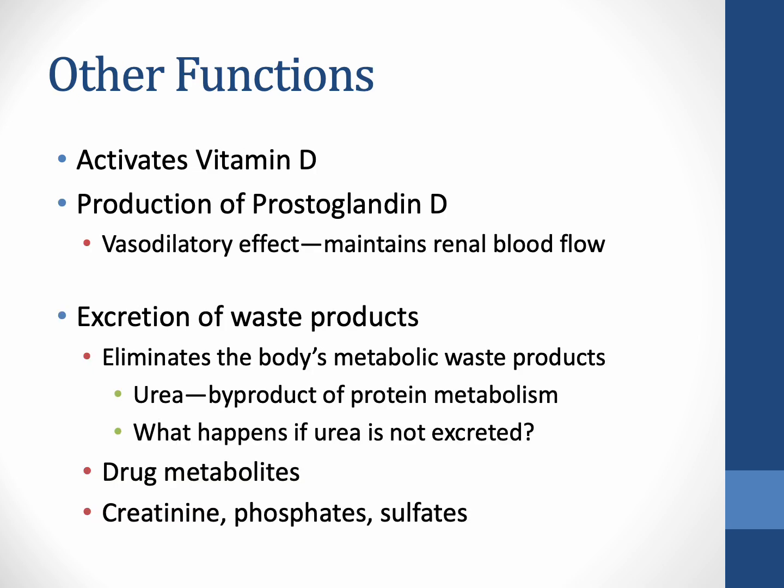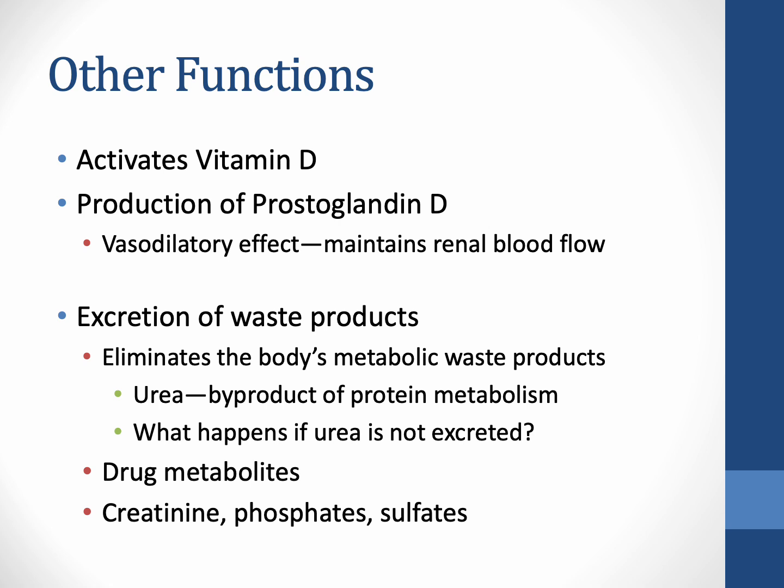The kidneys convert vitamin D into its active form, which is crucial for calcium absorption and bone health. The kidneys produce prostaglandins, which have a vasodilatory effect, helping to maintain proper renal blood flow. Urea is a byproduct of protein metabolism. So if urea is not excreted, it can accumulate in the blood, leading to toxic effects known as uremia, which we'll talk about later.